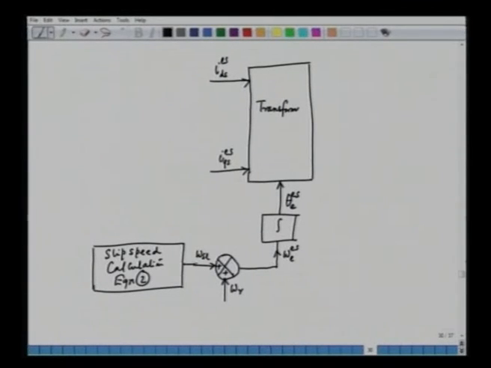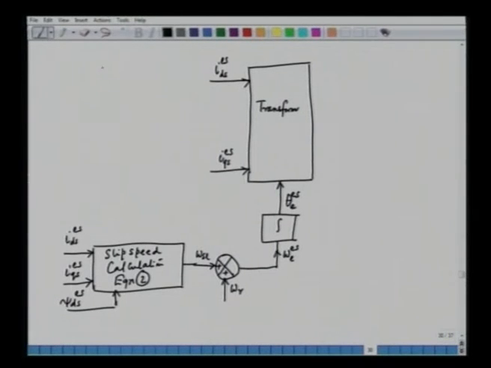This equation 2 gives us the expression for omega SL. And what are the inputs here? The inputs to the slip calculation block are IDS, IQS, and of course psi ds.